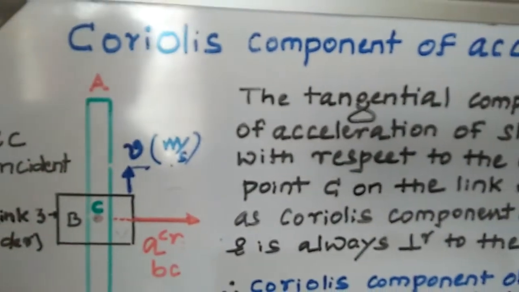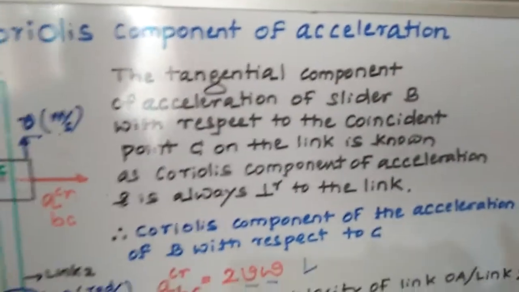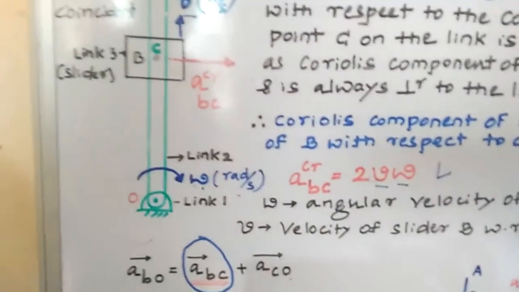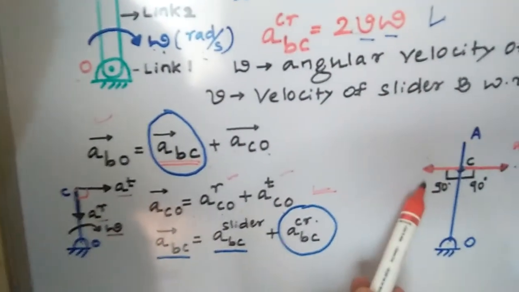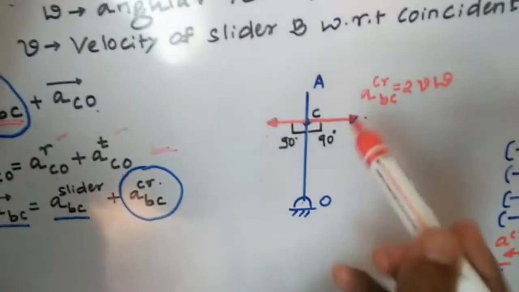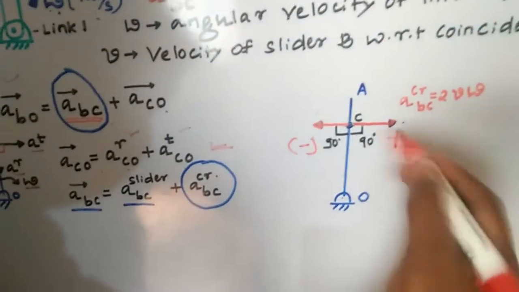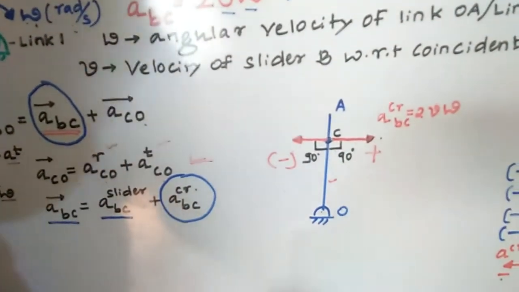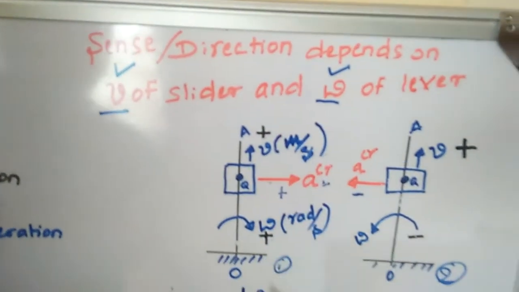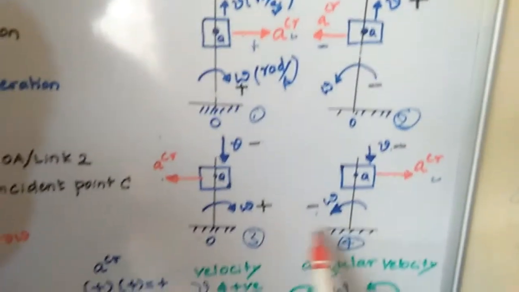I have explained the Coriolis component of the acceleration. Then I will explain the direction, which to take as negative or positive: this side as positive, this side as negative, with respect to link 2. I have taken 4 cases: case 1, case 2, case 3, case 4.